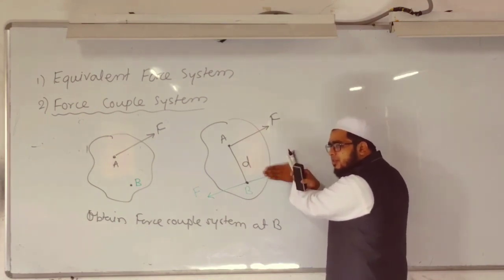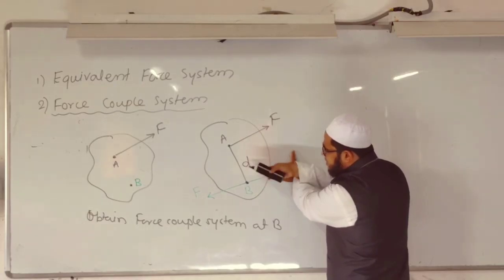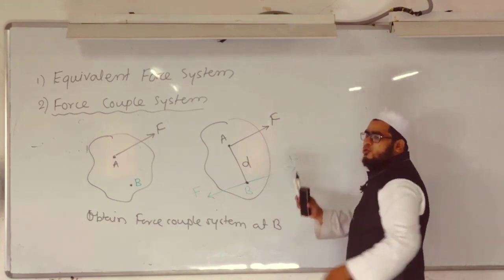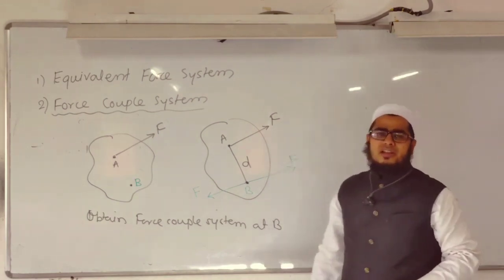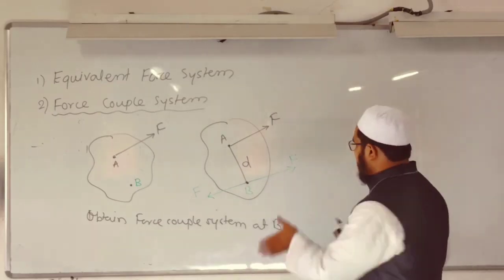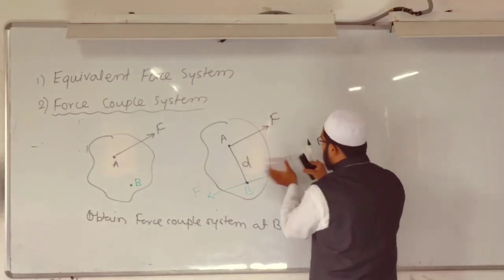It means that these two forces, separated by distance d, form a couple. We know the definition: when two unlike parallel forces acting on an object, separated by a finite distance, form a couple.